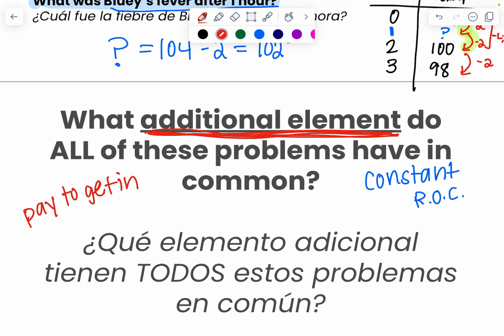And also with Bluey, it was the fact that we were given her temperature when she woke up, right? And so what this is, in addition to the constant rate of change, which was still prevalent within the problems, we have another piece of information that's from the start.